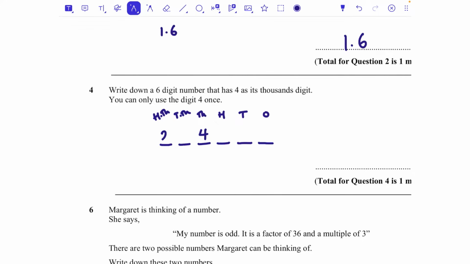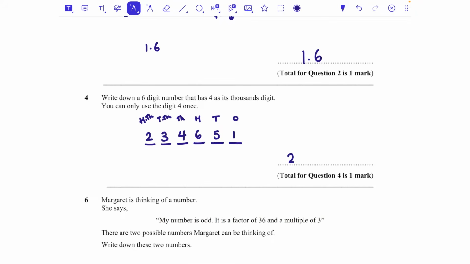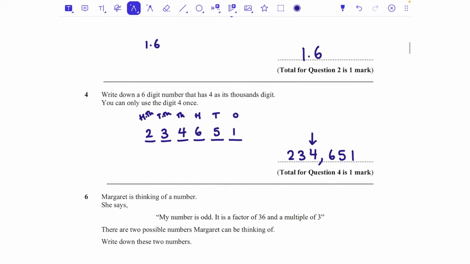So we could do 234,652. Let's do all different numbers just because we can, okay? So it doesn't matter what you write there, as long as you have 3 numbers and then 3 numbers, 6 digits in total, and it's this number here, the thousands column, that needs to be a 4.